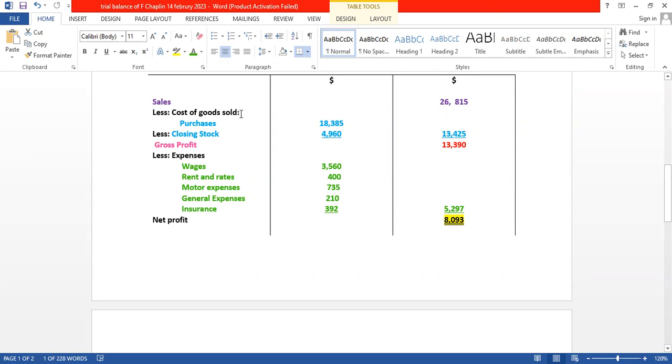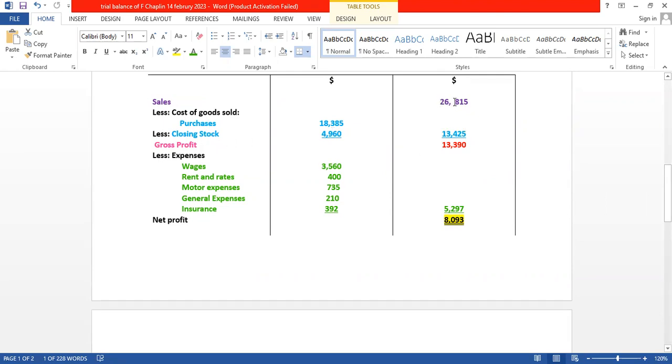Sales less cost of goods sold equal gross profit. So here we have our sales, and we're going to less the cost of goods sold, which is this figure here. And where we got this from is from subtracting the closing stock from the purchases.